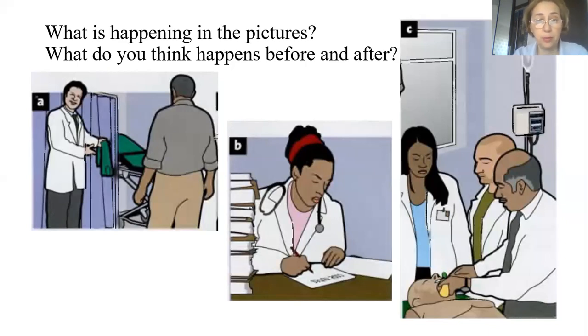Yes, great. You're right. And you can see also a pile of other case histories of maybe other patients on the table. Okay, what about picture C? Amar, what do you think of this picture?